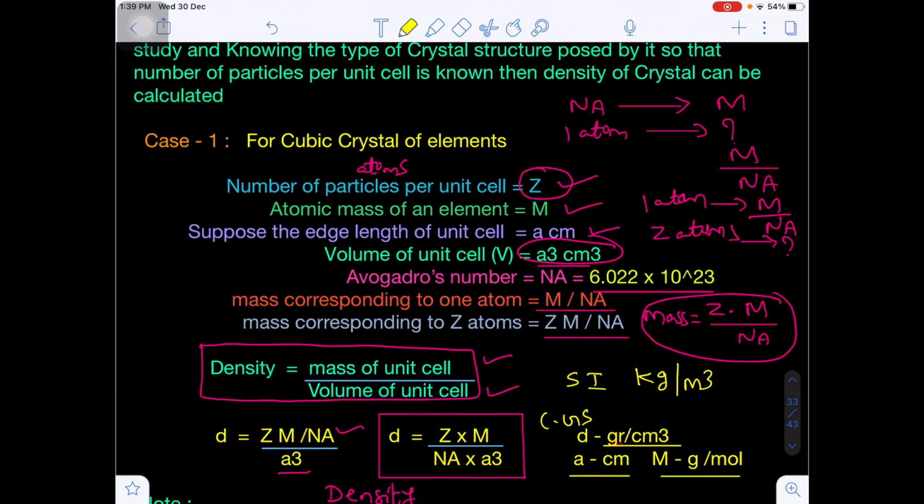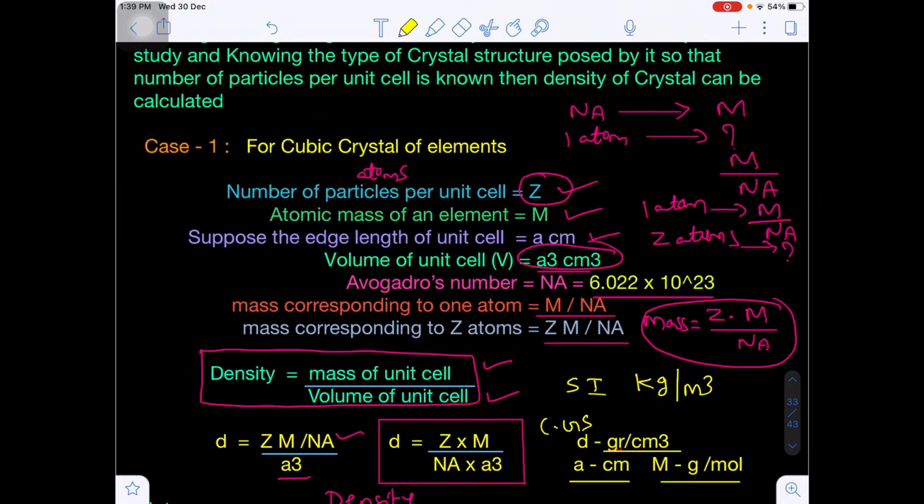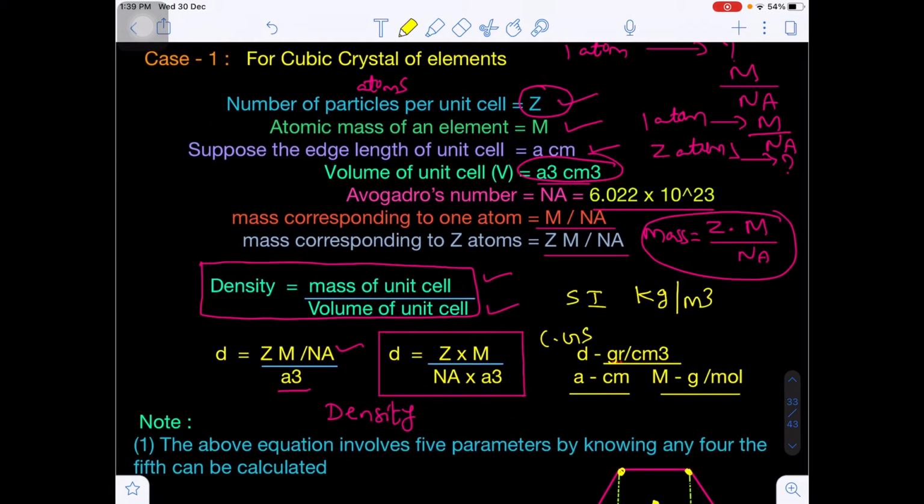Now one more important thing, the unit conversions. Here that is very important. We know 1 angstrom is equal to 10 to the power minus 10 meters, otherwise 10 to the power minus 8 centimeters. Similarly, 1 nanometer is 10 raised to minus 9 meters, otherwise 10 raised to minus 7 centimeters.